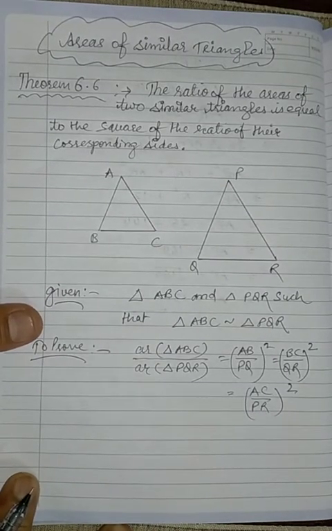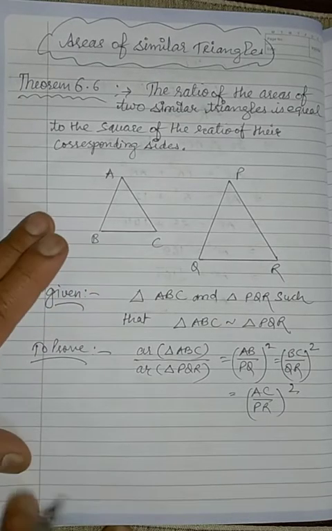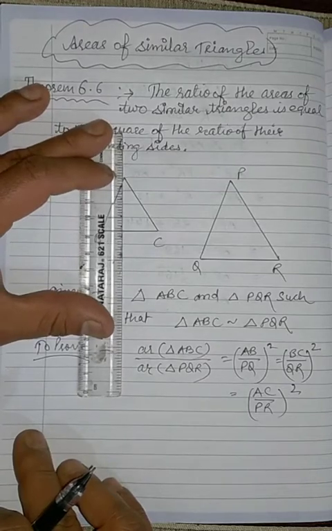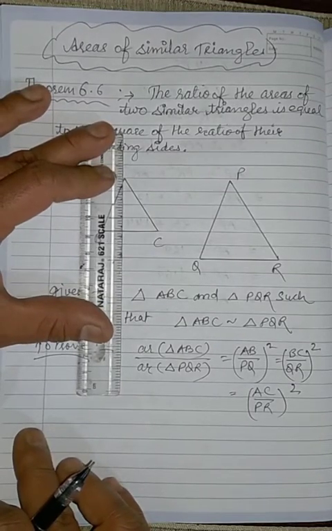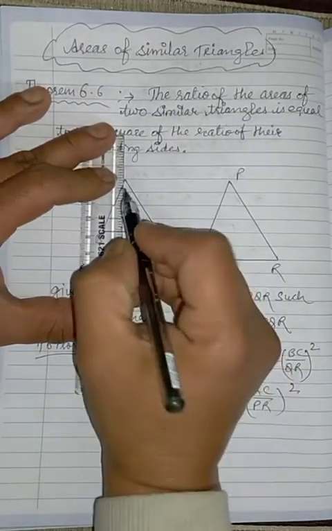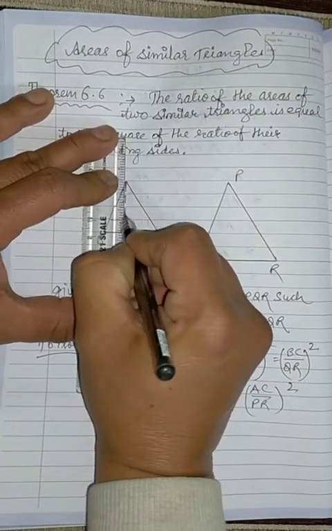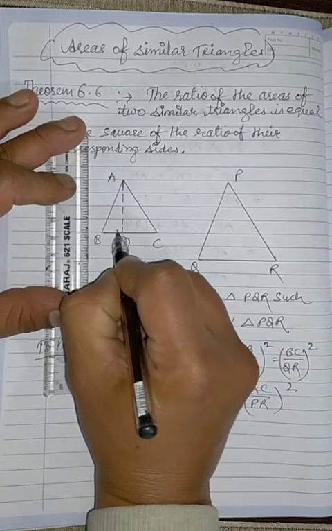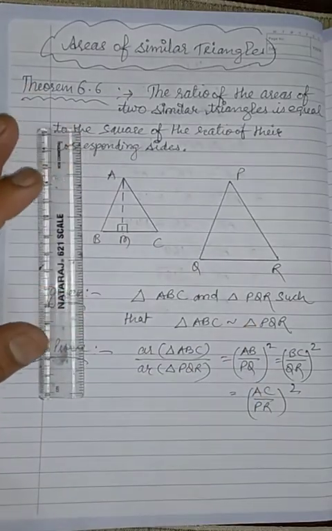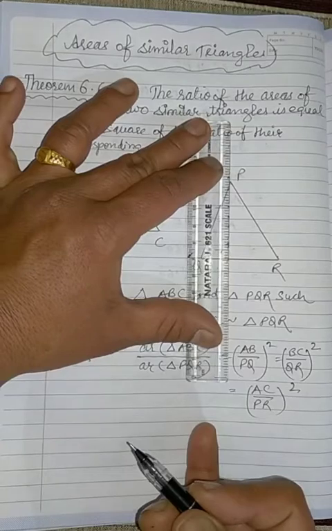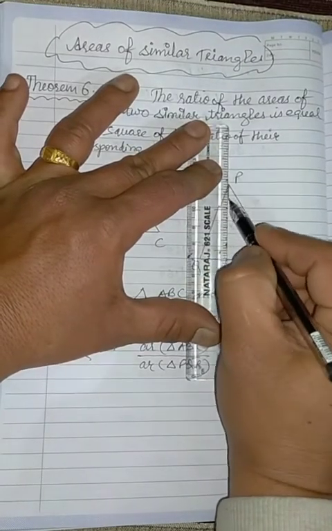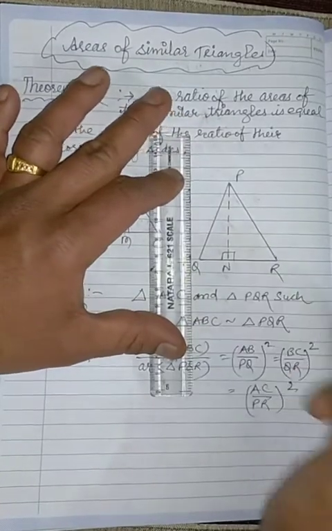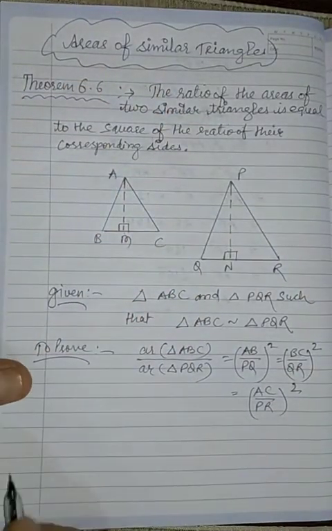Okay. Now for this we will use a little bit of extra hints. We will do some construction in this. So we will draw AM perpendicular to BC and PN perpendicular to QR.